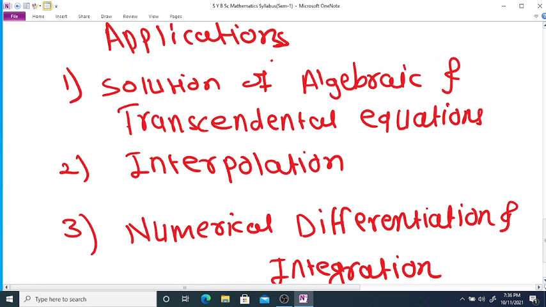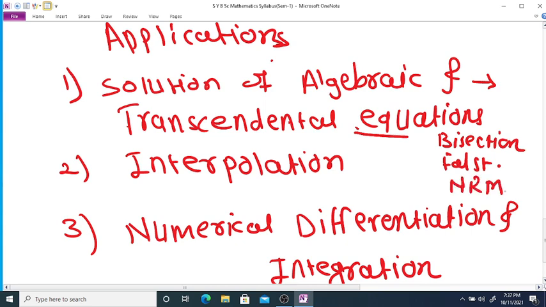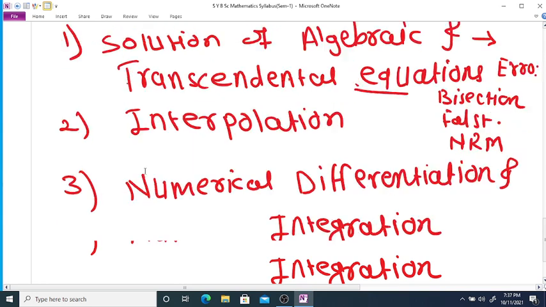Now in the first chapter we are going to determine what are the zeros or roots of the given algebraic or transcendental equation by using bisection method, then regula falsi or it is called false position method, then Newton-Raphson method. Okay, also first we are going to see the error. Error is nothing but the difference between the true value and approximate value.